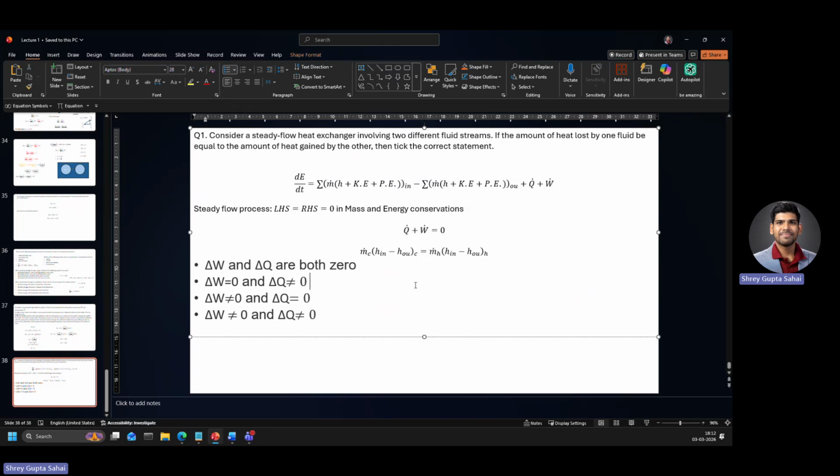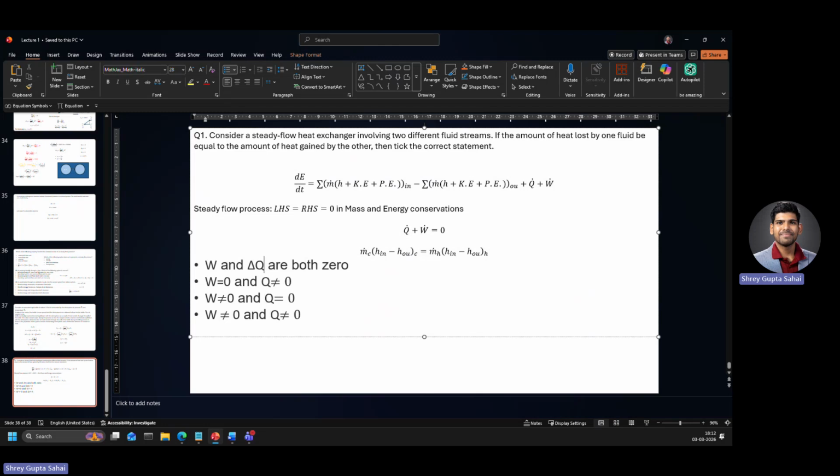Now in a heat exchanger, you are sure that there is no work being done on the system. So W dot is zero, and so accordingly, delta Q. It should be Q actually. There should not be any delta. Delta W or delta Q does not make sense because, as you know, these are not state functions; these are path functions.